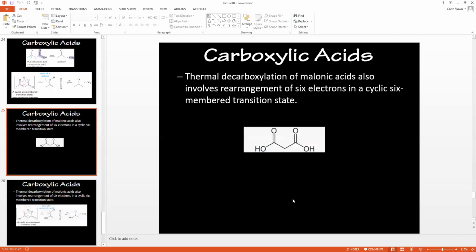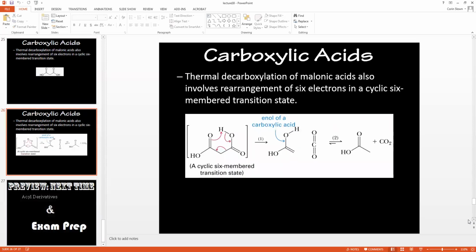If we take a look at the thermal decarboxylation of malonic acid, that's also a rearrangement of the electrons in a cyclic 6-membered transition state. I want you to take a moment and think about how you could rearrange or convert this structure to a transition state similar to what you saw before. If we do a rotation, we can see a similar 6-membered transition state.